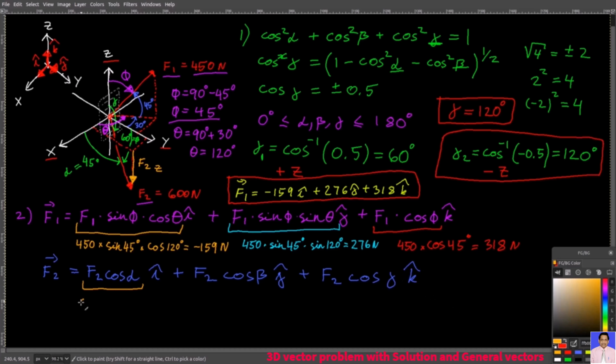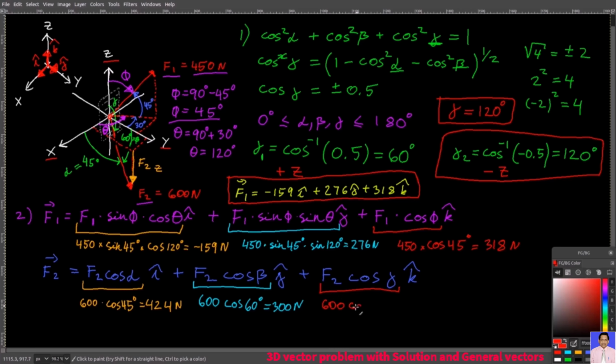So the x component is 600 times cosine 45 degrees, that's 424 newtons. Then the y component is 600 times cosine 60 degrees, that's 300 newtons. And then the z component is 600 times cosine 120 degrees, that's minus 300 newtons.